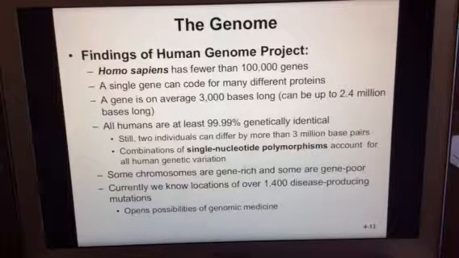That's a big range. But the other interesting part is that all humans are at least 99.99% genetically identical. So it's crazy to see all the differences between us, but to realize that all of those differences only make up 0.01% of our genome or our DNA.